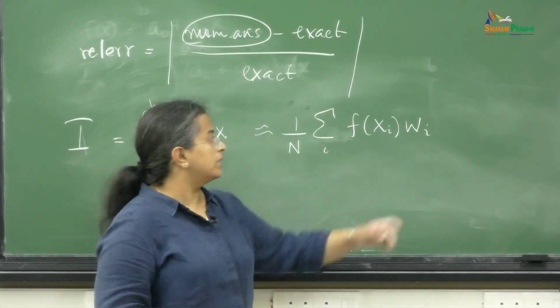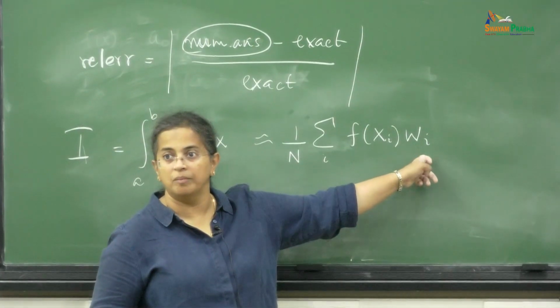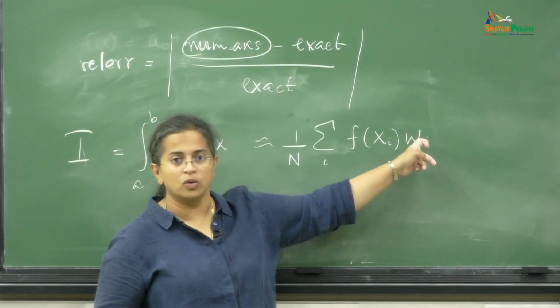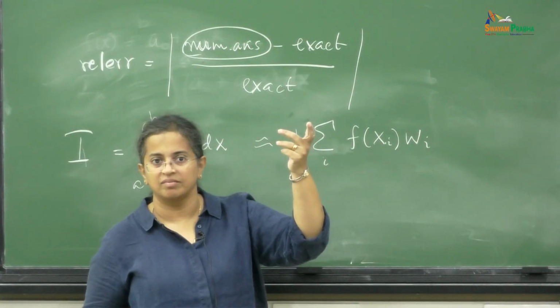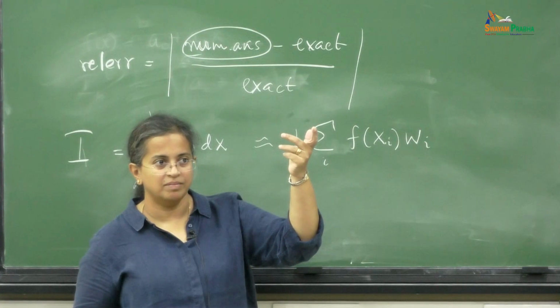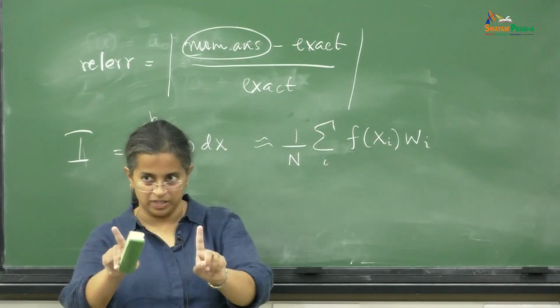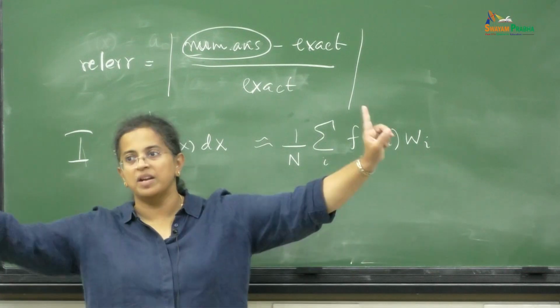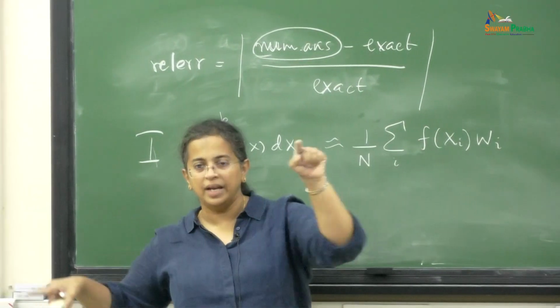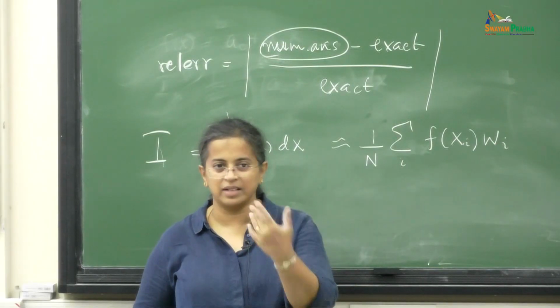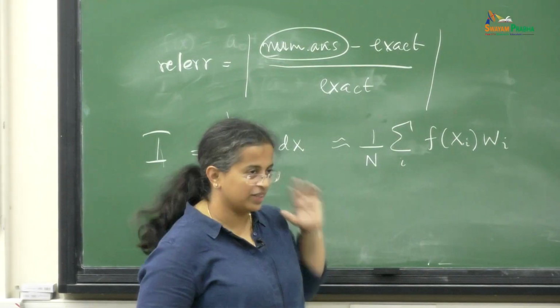For the simple rule we did first, the rectangle rule, this weight was just h. Whereas the trapezoid rule has an h by 2 and an h by 2 for each, so when it overlaps, only the endpoints have a weight of h by 2, and intermediate points have a weight of h. Then you can write a program to figure this out.